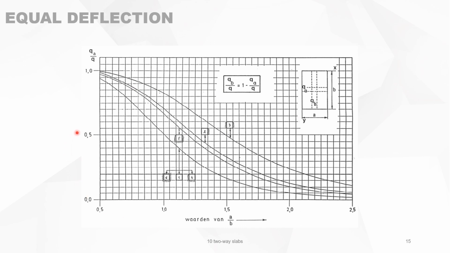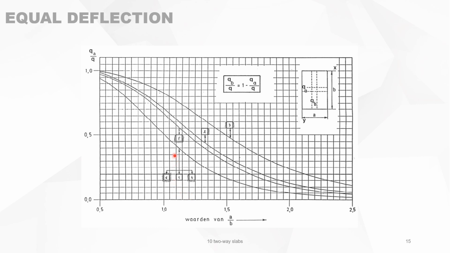And finally, you can plot the formula QA over Q as a function of A over B. On the x-axis, it is 0.5 up till 2.5 for the proportion A over B. And on the y-axis, you plot the proportion of load carried over in one direction, A, divided by the total load. Now you have 6 types of slabs, so you do it 6 times.